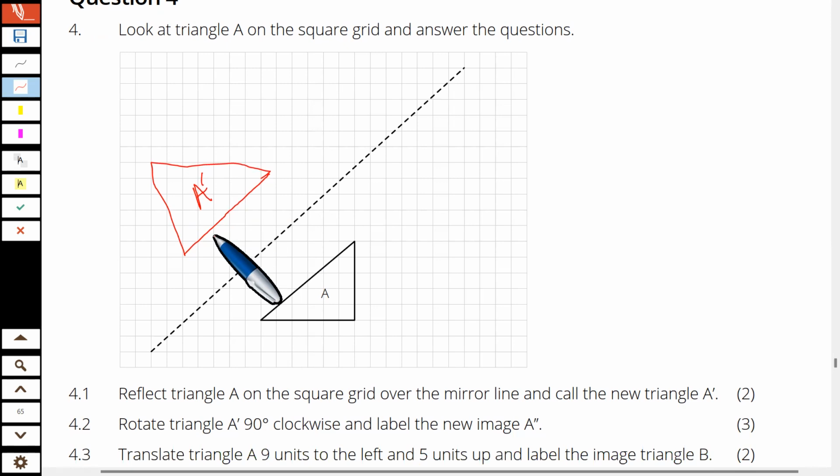Rotate triangle A primed 90 degrees clockwise and label the new image A double primed. So you need to rotate A primed 90 degrees and label the image A double primed. Okay, if you rotate the image A primed 90 degrees clockwise, where is it going to be?